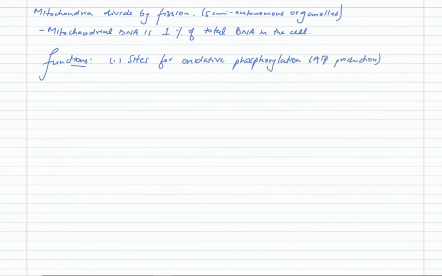They are also sites for oxidation of certain fatty acids. This is known as beta oxidation. So mitochondria have two primary functions. They are the sites for oxidative phosphorylation and they are also involved in beta oxidation.